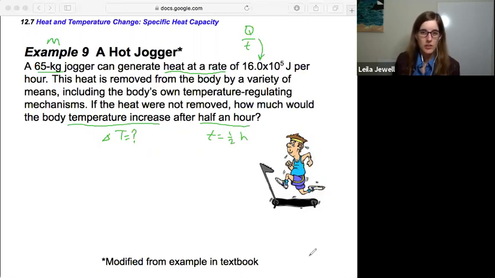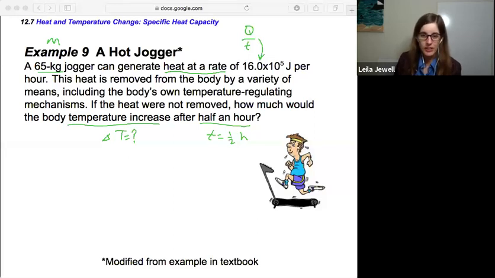Cool. So now that we know the time, we're able to convert this Q over t into just a Q, and that would be heat. So we know the amount of heat going in, we know the mass of the jogger. Can we figure out the delta T? I think we can if we know the specific heat capacity of the jogger.